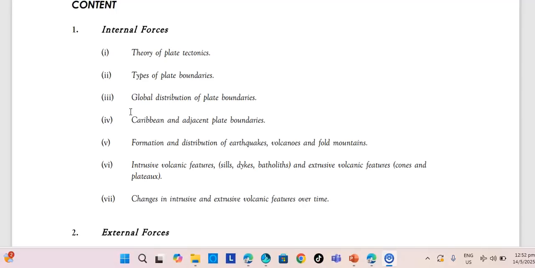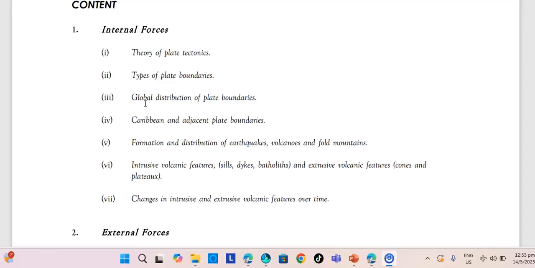For example, the Ring of Fire around the Pacific Ocean has many plate boundaries. That's why countries like Japan, Indonesia, Chile have a lot of earthquakes and volcanoes. Now, some boundaries are found under the ocean, like the Mid-Atlantic Ridge, where new crust is forming.